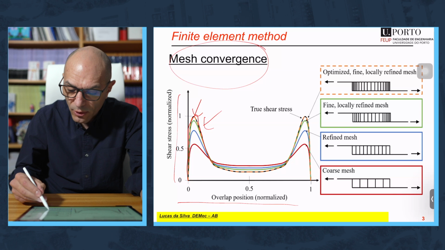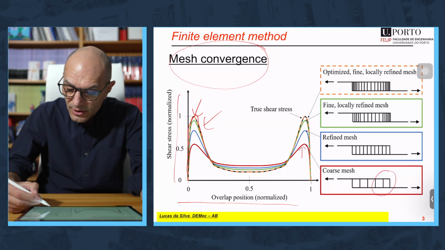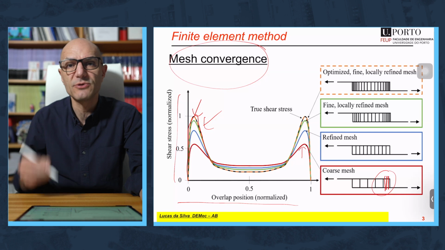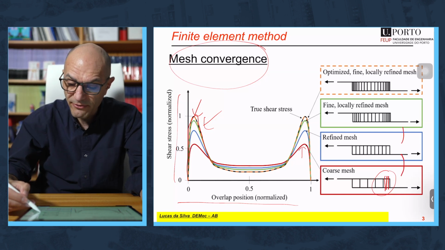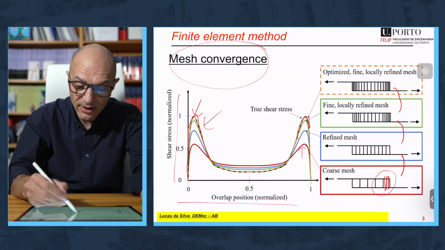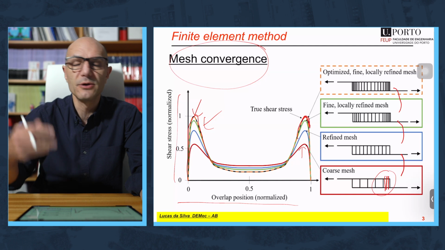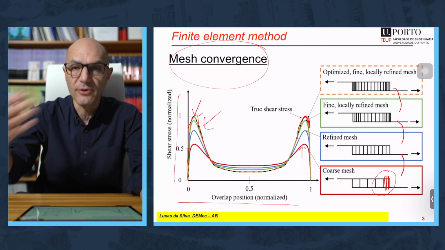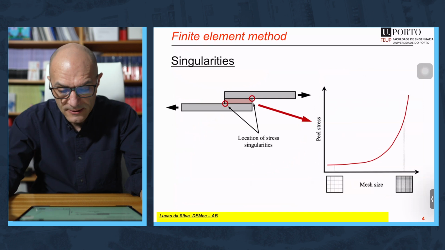If you use a coarse mesh, then you don't capture it properly. You need to refine the mesh, especially at the ends of the overlap where you have a big gradient. As you refine the mesh, you reach a point where you have convergence and you obtain exactly the stress that you should obtain. Then it's not necessary to refine further. But you really need to do a mesh convergence.